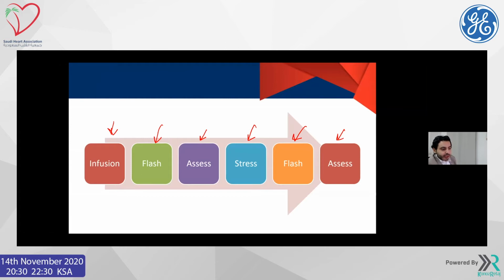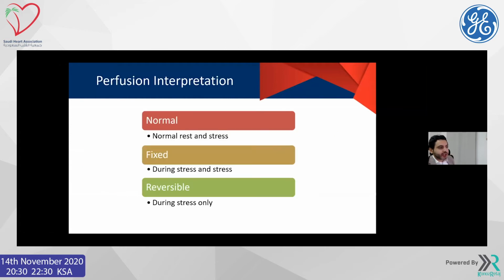So how do we describe it? We describe it as normal when all the tissues are the same. We compare tissue to tissue. So normal is normal during rest and stress. Fixed defect is present during both rest and stress.